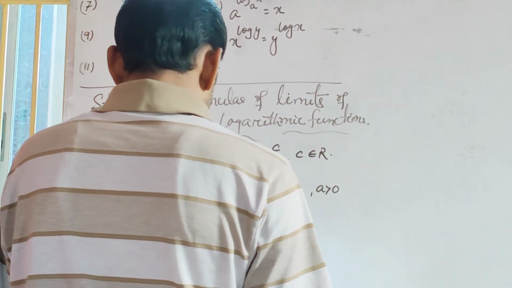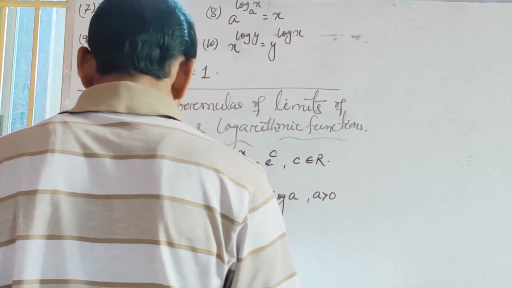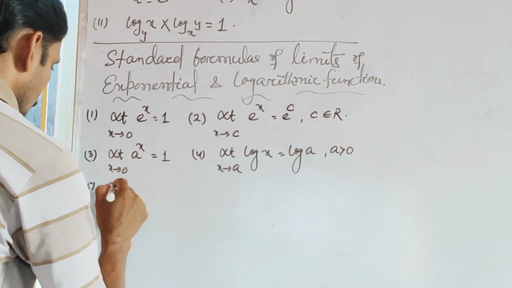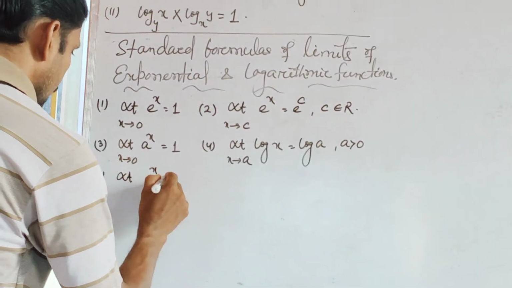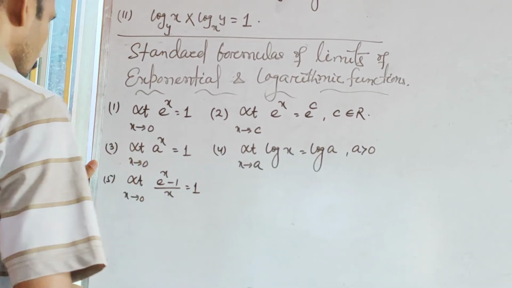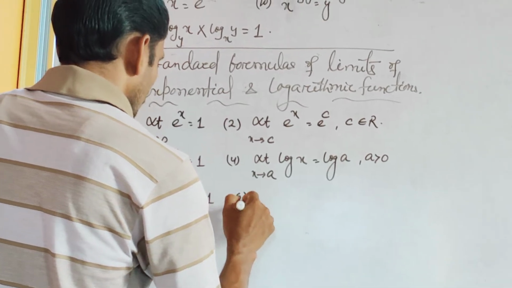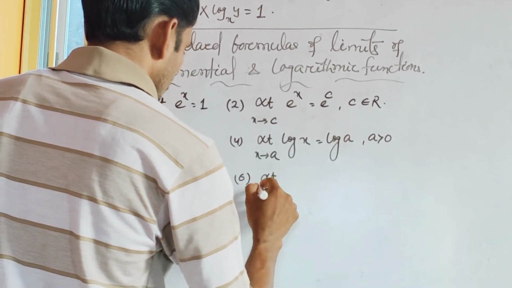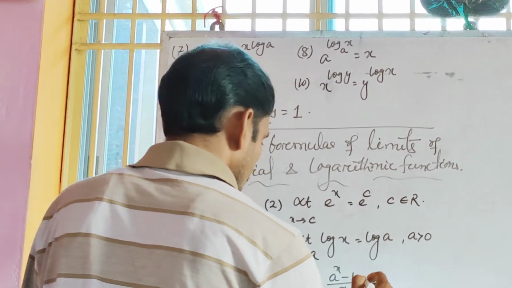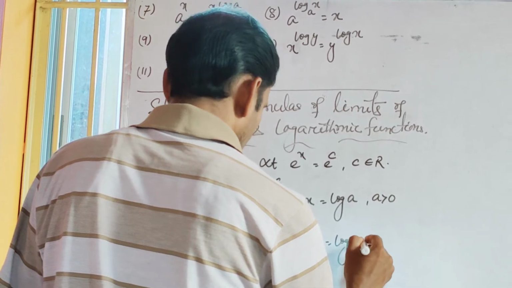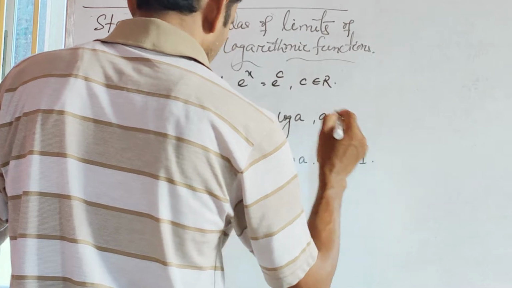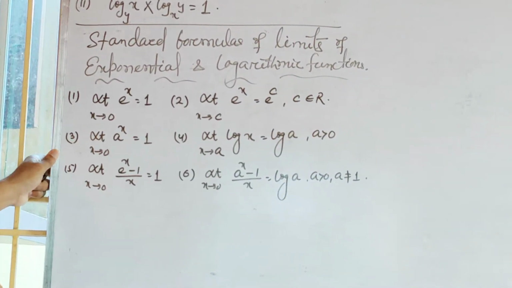Then next we can write number 5, limit of e to the power x minus 1 whole divided by x, x tends to 0, is equal to 1. Now limit of a to the power x minus 1 by x is equal to log a, where a is greater than 0 and a is not equal to 1.